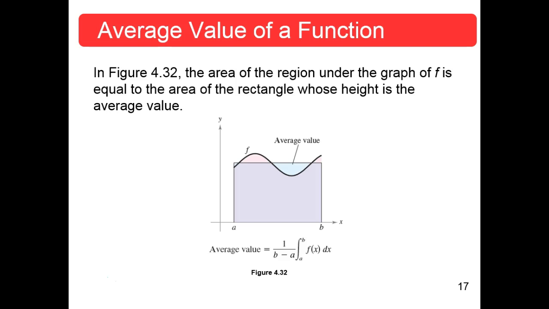The average value undershoots the function here, the function overshoots it here, undershoots it here and overshoots it again there. So the average value is this f of c right here. We don't know what c is. It could have been this c, that c, or that c, but it's this value right here on the y-axis.